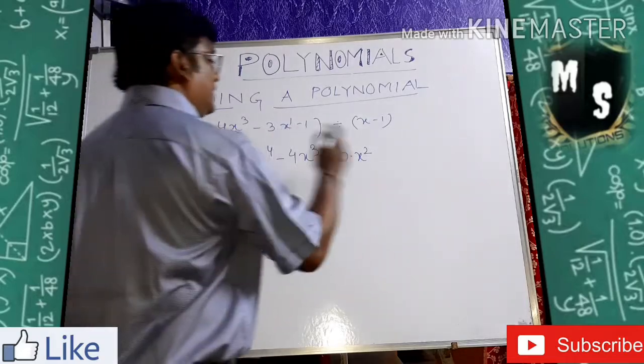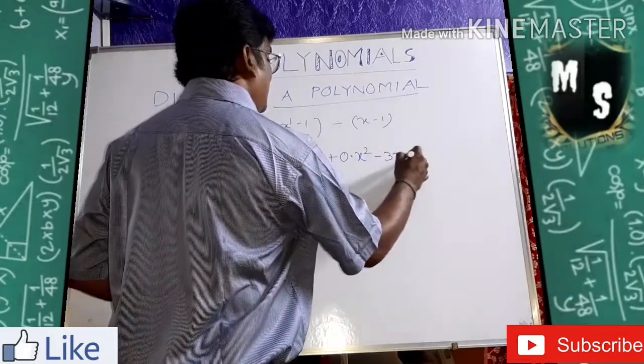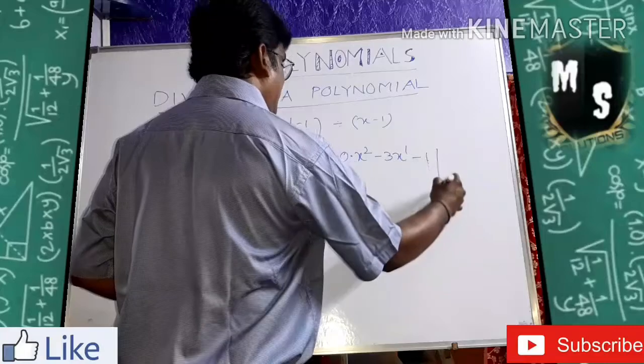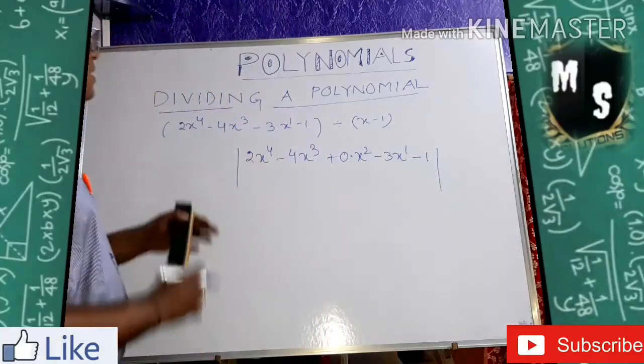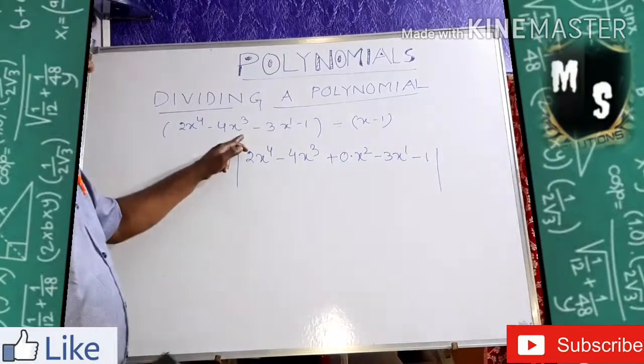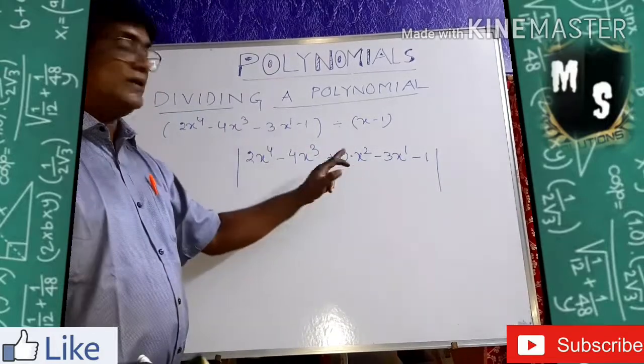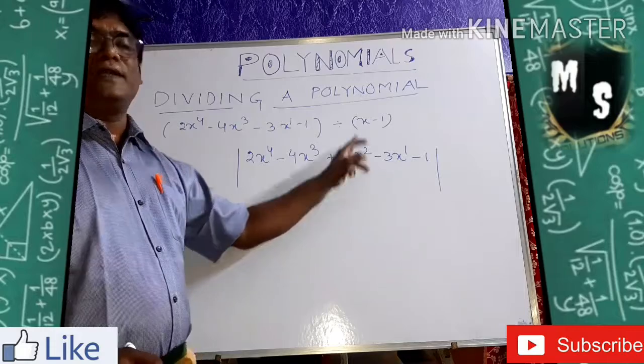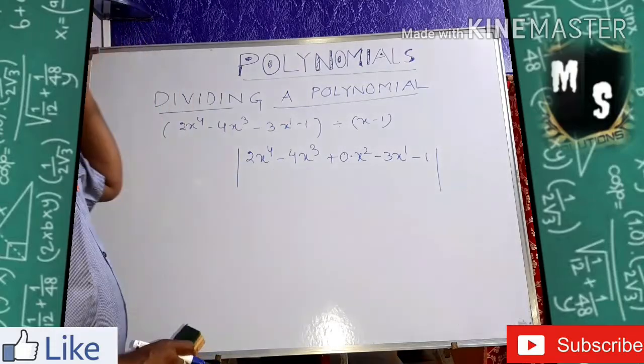Now degree 1 is there, minus 3x to the power 1, and minus 1, divided by x minus 1. This is the proper dividend now. The degree 2 was missed, and I wrote it by putting 0 into x square. Understood? Then you go for your division.